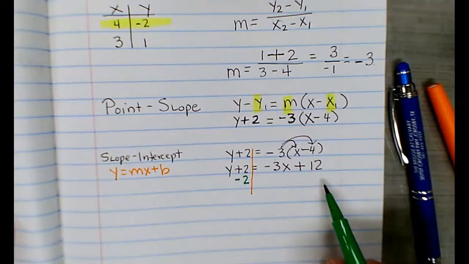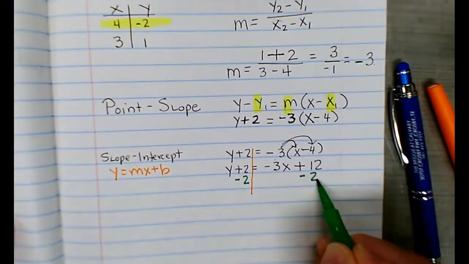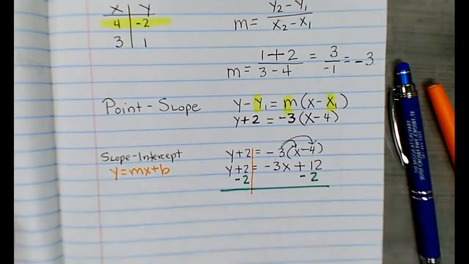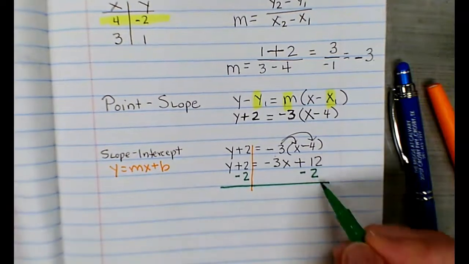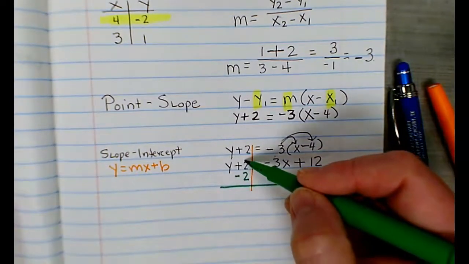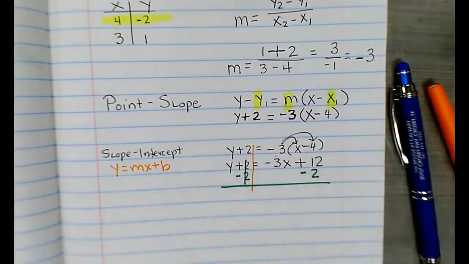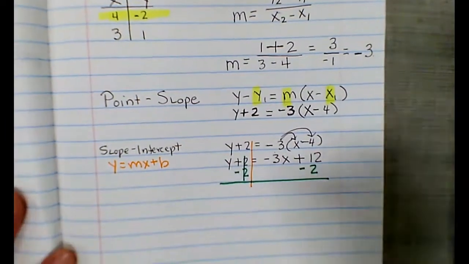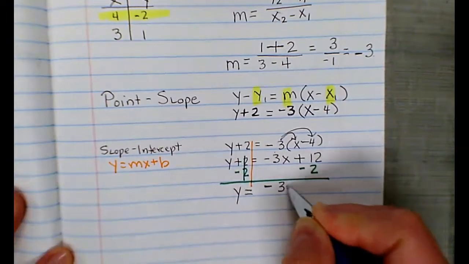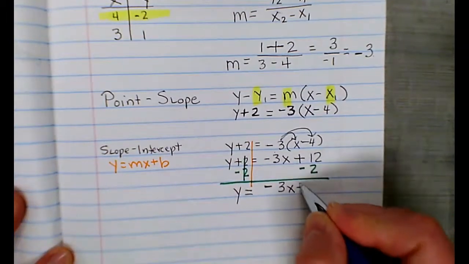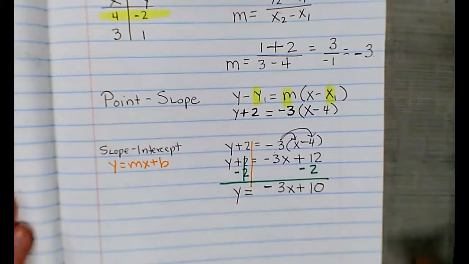What am I going to line it up with, the 3 or the 12? Why am I lining it up with the 12? It doesn't have an x. The 12 and the 2 are like terms. They don't have x's. And so the reason I did that was so that I can cancel it out. 12 subtract 2 is 10.